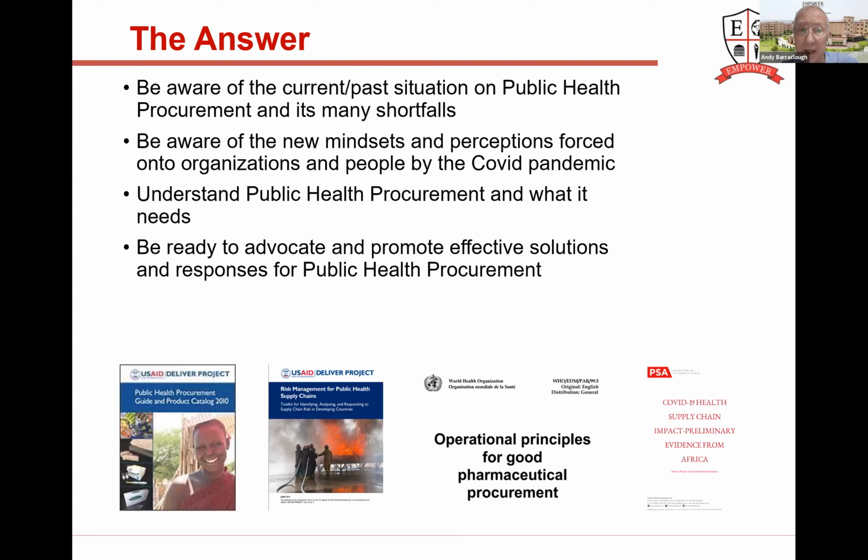We need to understand what public health procurement is, and since you've all completed Module 4, I believe you can all do that, and what it needs to make it work. And we need to be ready to advocate and promote solutions for public health procurement to make it work effectively.